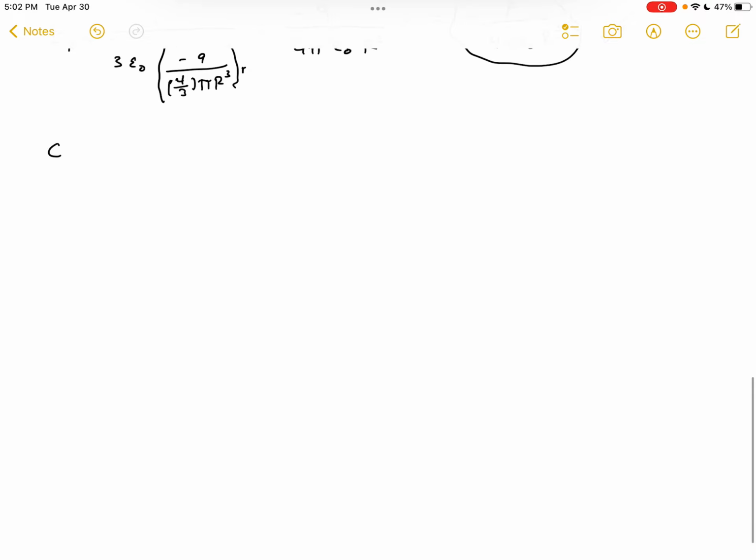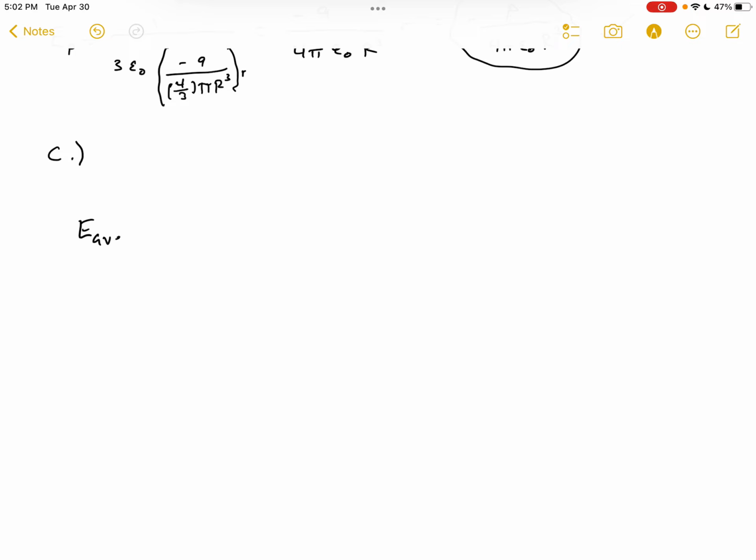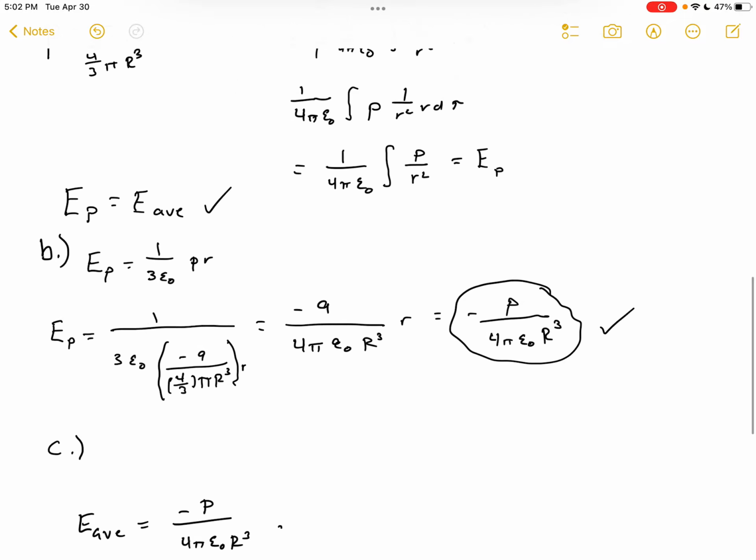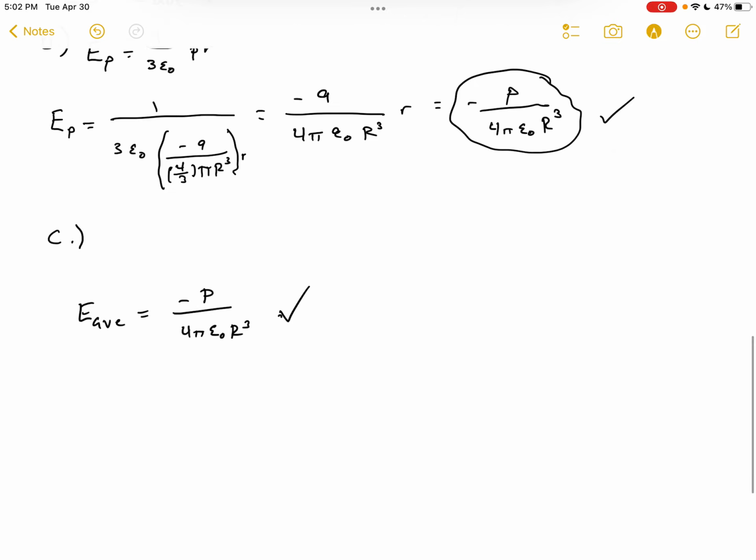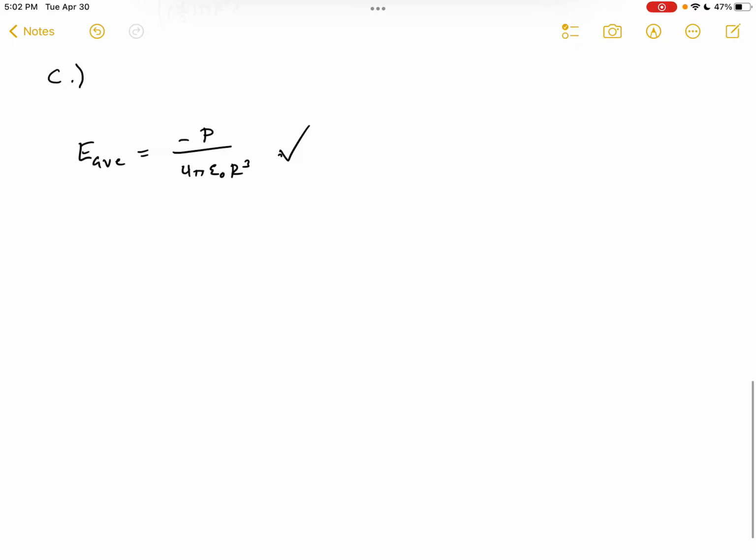So we have E average is equal to negative p over 4 pi epsilon naught R cubed, and that is the sum of all of our superposition charges. And that gives us verification on part C.